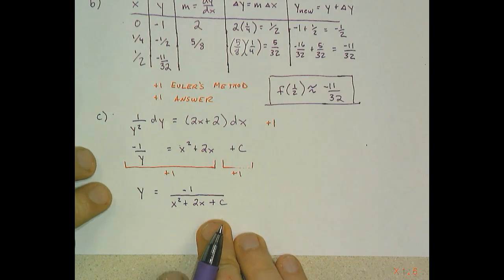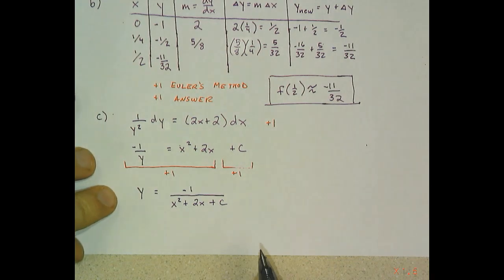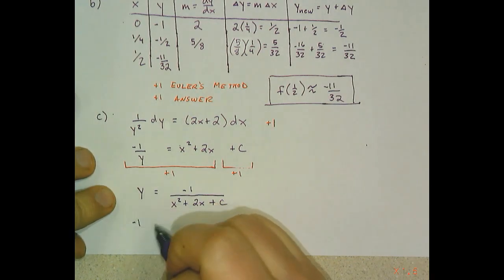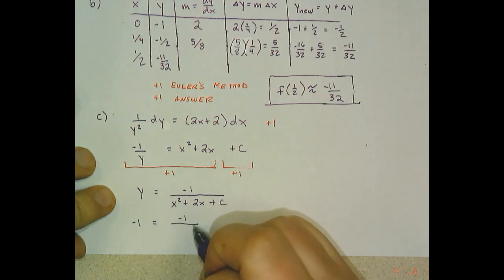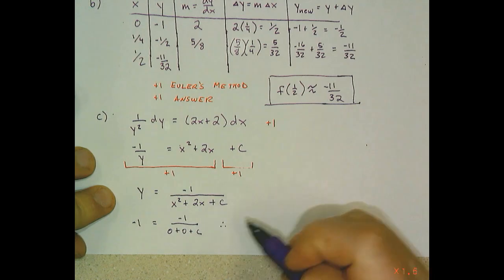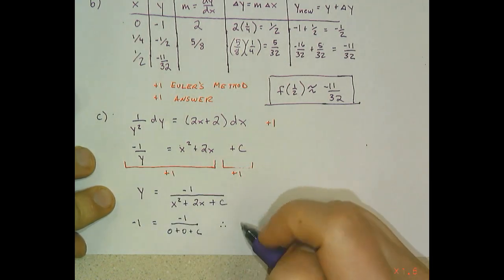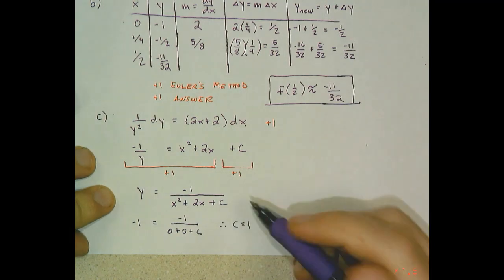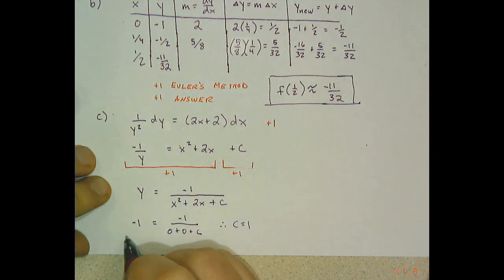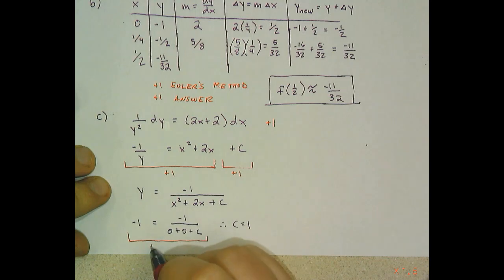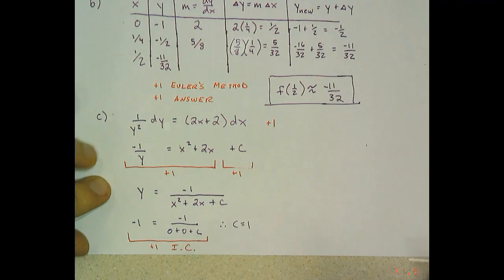Our initial condition was f of 0 equals -1. So -1 equals -1 over (0 plus c). Therefore, in the form that I have written this, the value of c is 1. So you'd get 1 point for using the initial condition.